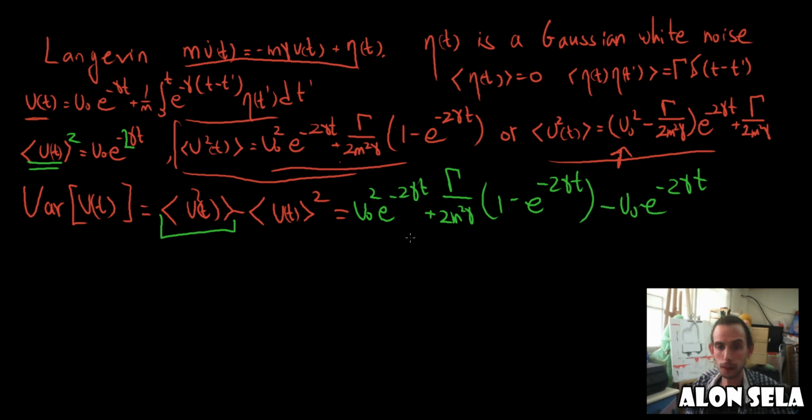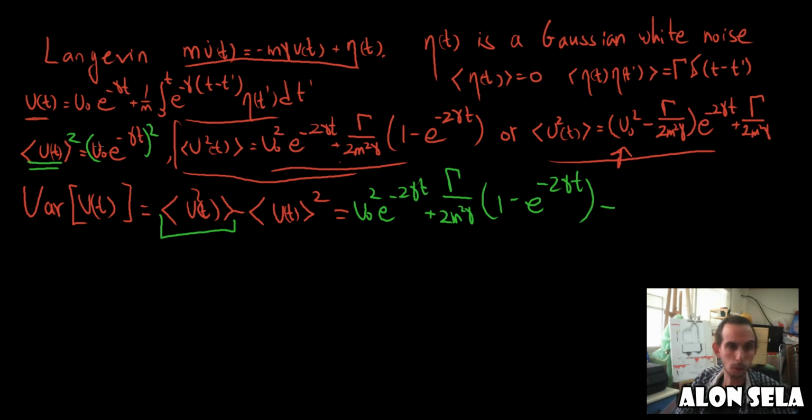gamma t. So now let's see what we can do. Of course, I missed the square here also. The square goes for this also. Let's do it again without making any mistakes. So this is what I'm looking for.